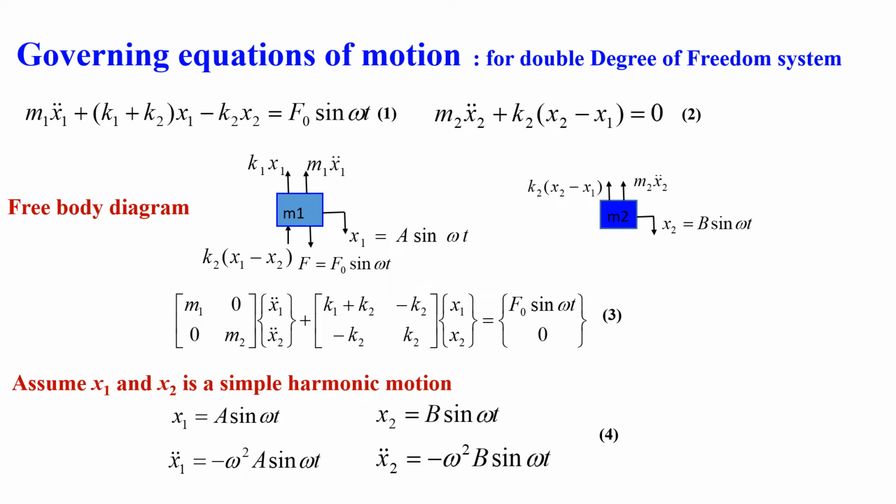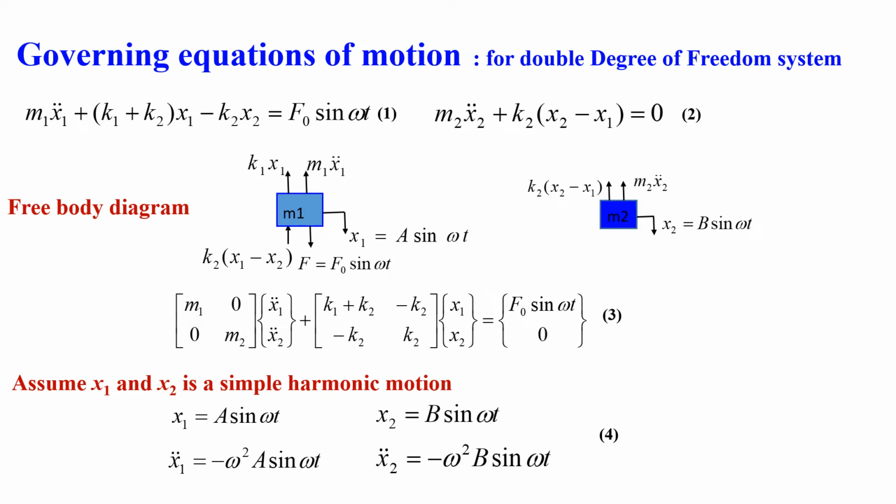That force is K1 x1, and the inertia force due to mass m1 is also acting upward, and the value is m1 x1 double dot, and the restoring force due to spring K2 is also acting in the upward direction, that is K2 into x1 minus x2.